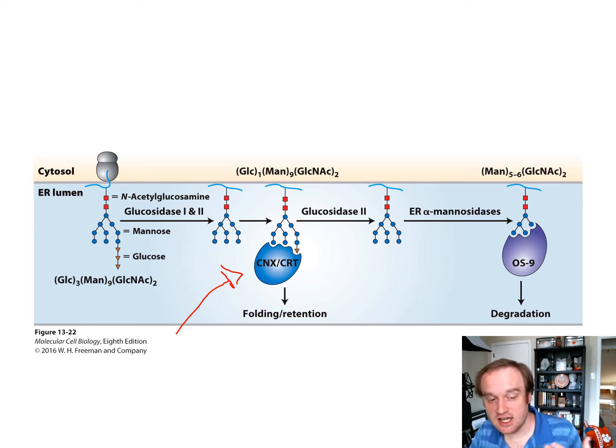And eventually they undergo mannose trimming by this ER alpha mannosidase, so it trims mannoses, and that forms this mannose 5,6 GlcNAc. And when that occurs, this OS9, which we have right here, is then able to bind.